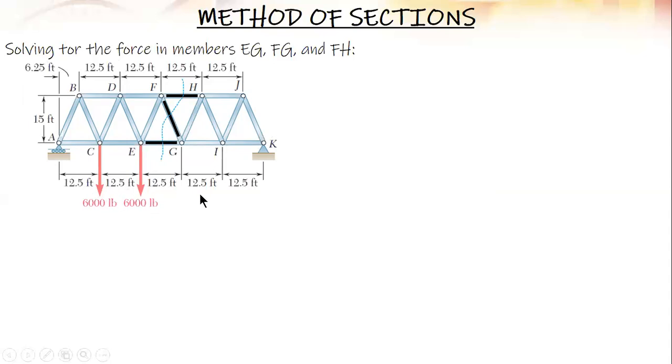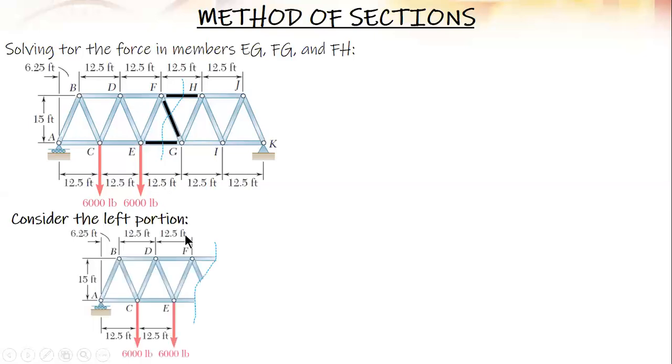Pero for this illustration, we are going to analyze how we are going to consider the left part. Okay. So this one, and you have the reaction at A, 8,4, and then you have the three forces, EG, FG, and FH. Okay.